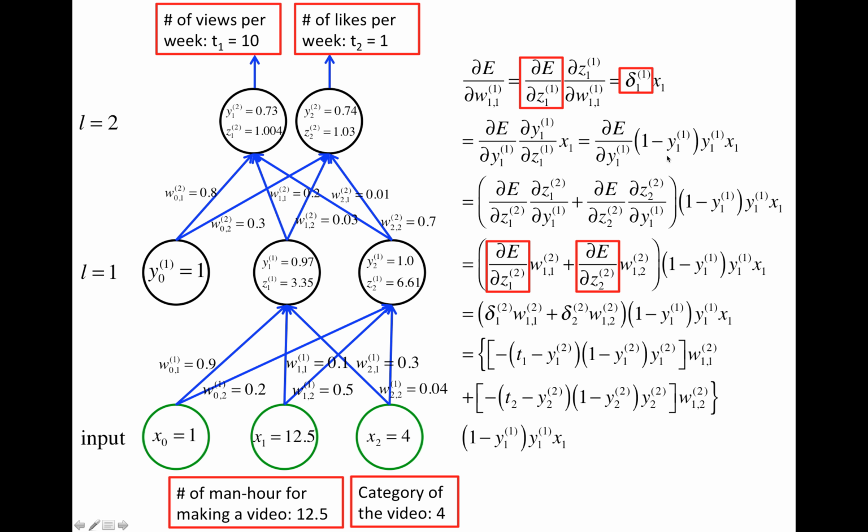So partial E, partial Y11 must equal partial E, partial Z21, multiplying partial Z21, partial Y11, plus partial E, partial Z22, multiplying partial Z22, partial Y11. Right, we have two terms.